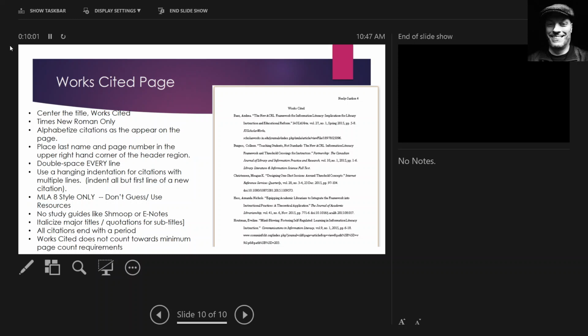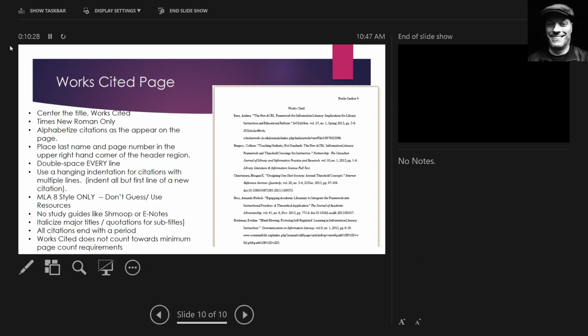When a new citation is created, it goes back to the left margin, and that process is repeated. MLA 8 style only, don't guess. Use the resources available to you in the course. For example, there's resources available to you in the MLA help section of the course menu. But please don't guess, because MLA on my essays is worth quite a bit of point values. So you want to maximize your effort.